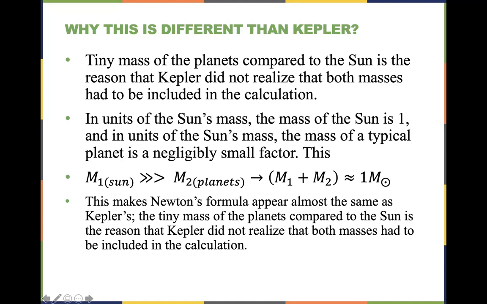For a planet like Earth, you can still use the older version of Kepler's law, because the mass of the sun is very large, so your final answer will not be affected that much, right?